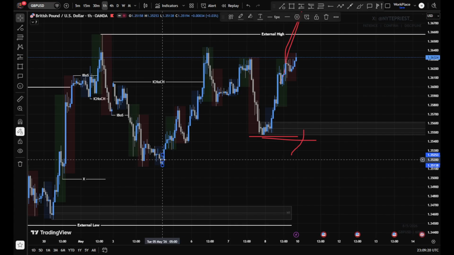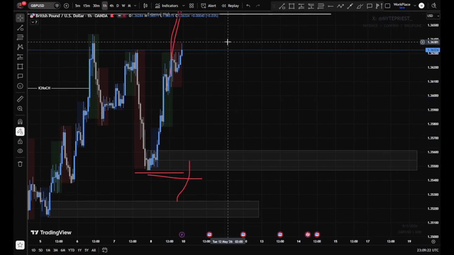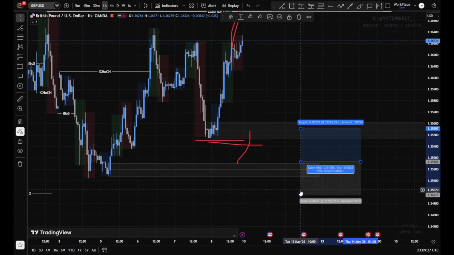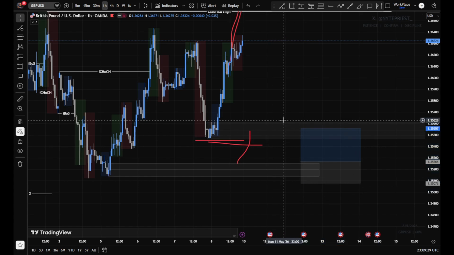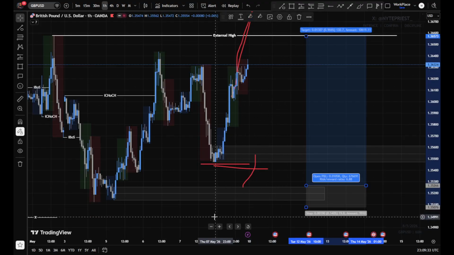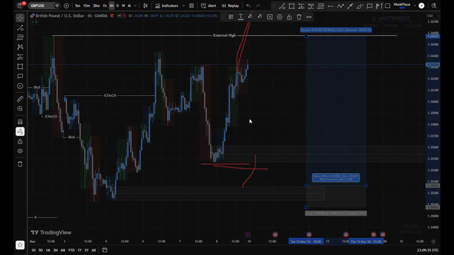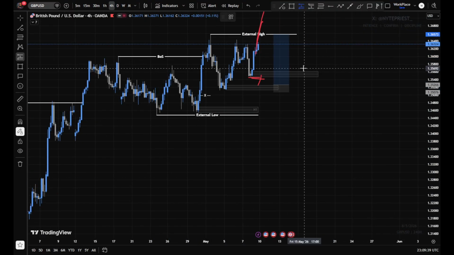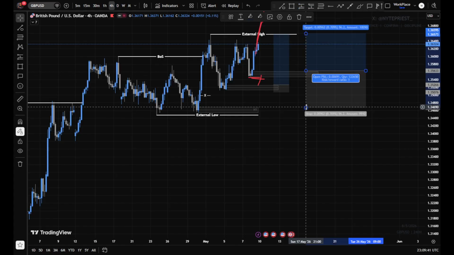Okay, and then head up. So this will be the trade idea, only if you don't have a liquidity in the price leg. Okay, so these are my trade ideas for GBP USD.